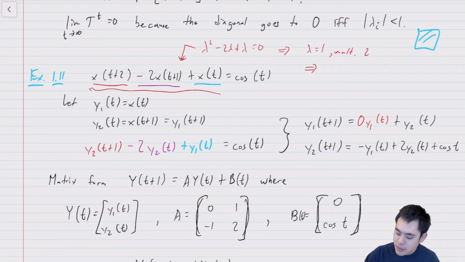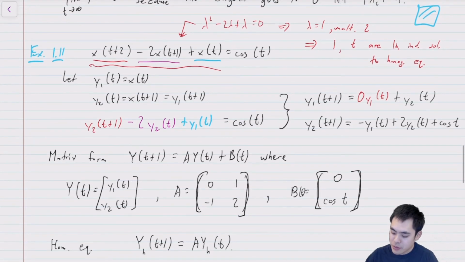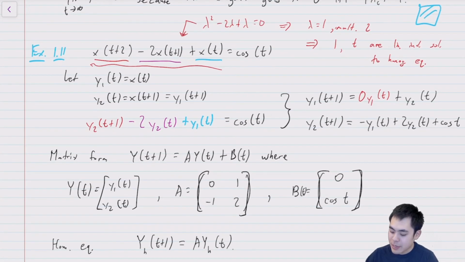Which implies that 1 and t are linearly independent solutions to the homogeneous equation. And so in this system, we can just plug that back in.